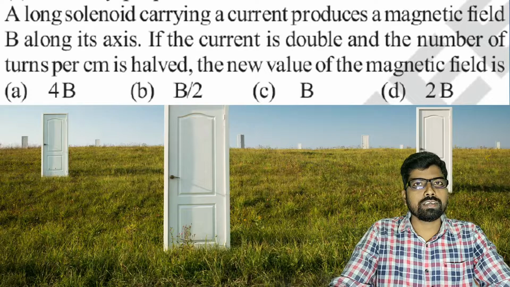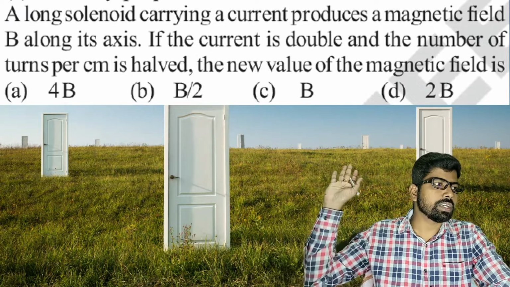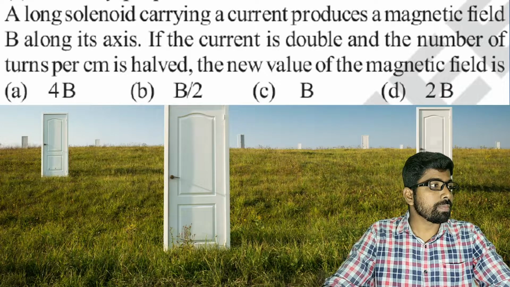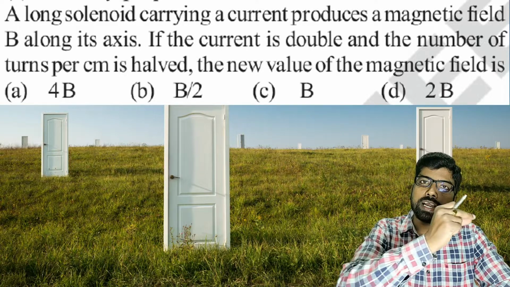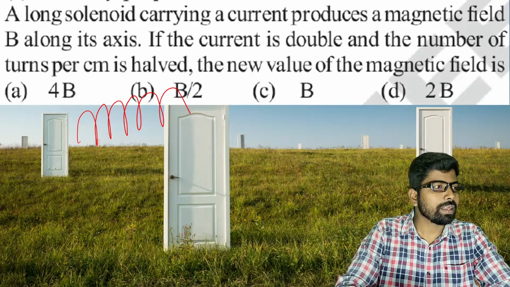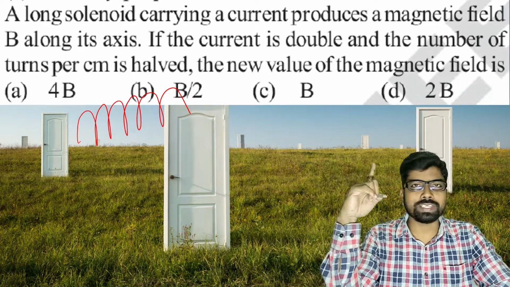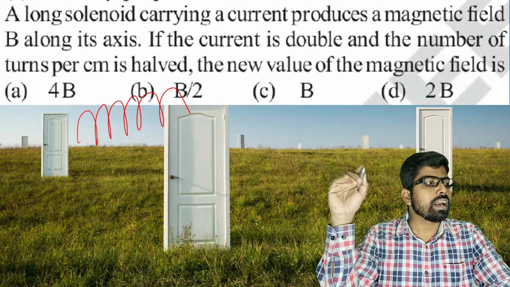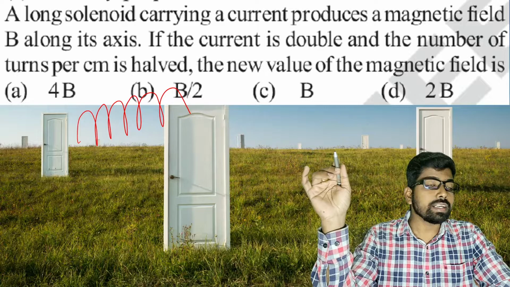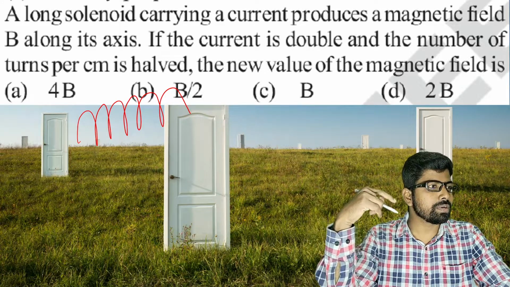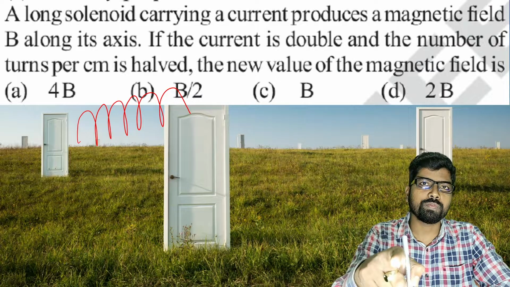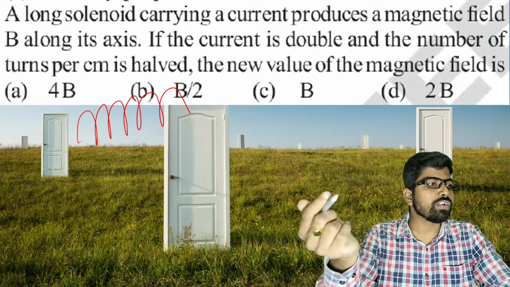You can see here on the screen it is written that a long solenoid carrying a current produces a magnetic field B along its axis. So all of you know that suppose one solenoid is there. You can see my picture here: a solenoid, and B is the magnetic field produced around it. If the current is doubled, and the number of turns per unit length is half, then what is the new value of magnetic field?